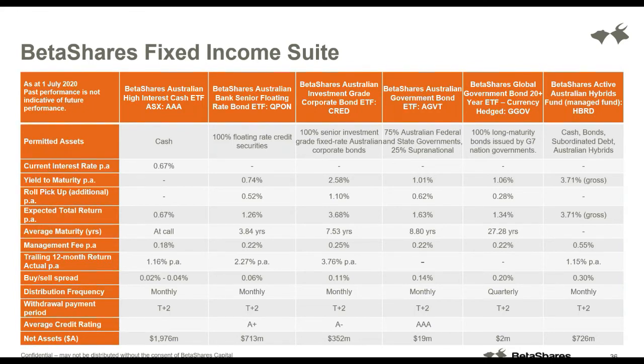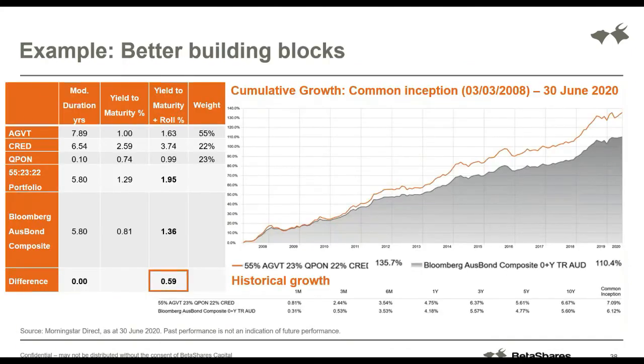Now, just by way of example, to demonstrate the better building block approach: if you were to precisely match the AusBond Composite's duration and its sub-allocations, the split with the better building blocks would be AGVT, that's government bonds, CRED, which is corporate credit, and floating rate notes, at 55, 22, and 23. That would match the duration profile of the AusBond Composite.